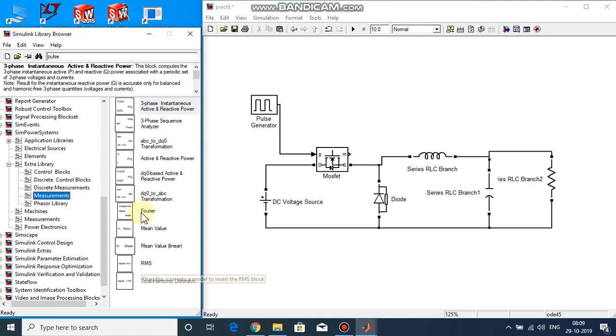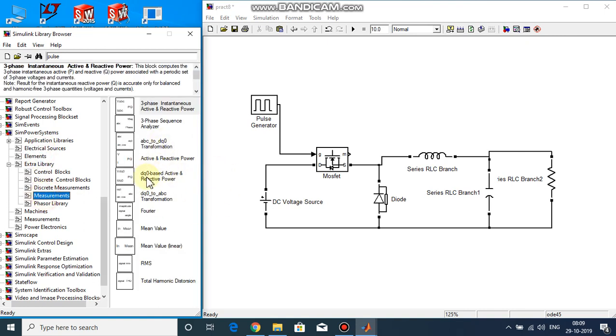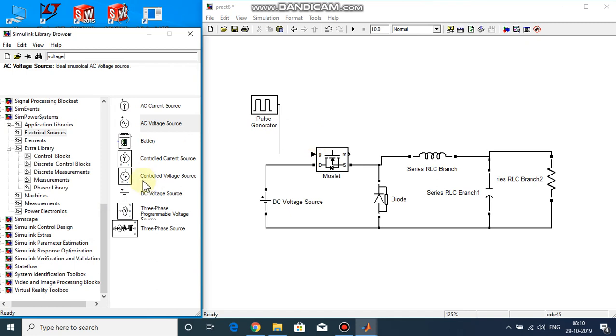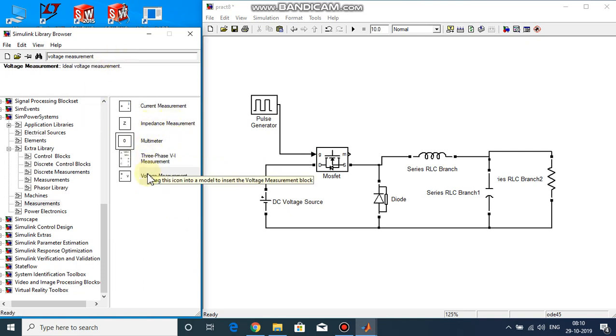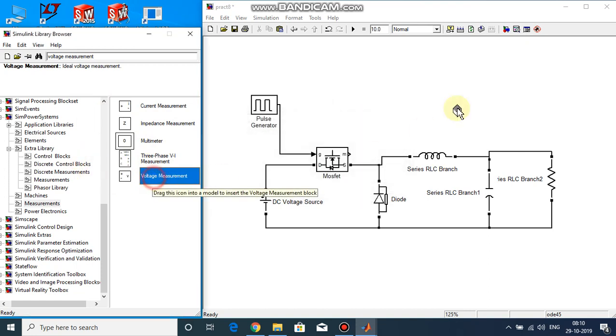Now we need measurements. In measurements, we need a voltage measurement. Okay, we have a voltage measurement, it's in measurements.